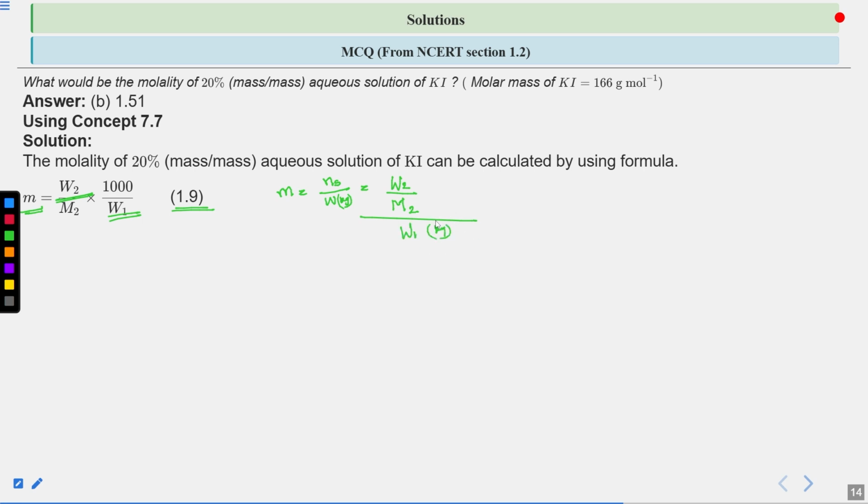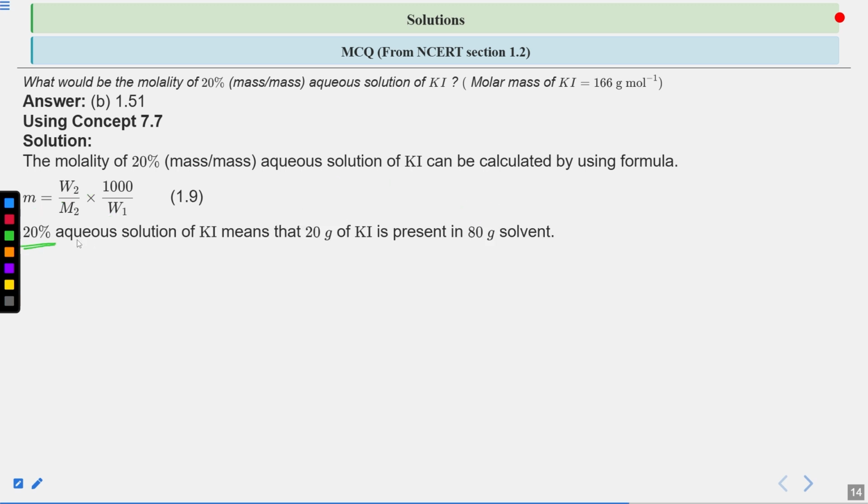If it is not in kg, we have to divide it by 1000. So W1 goes in the denominator, and it will be W2 upon M2 into W1. So given mass of the solute divided by the molar mass of the solute, multiplied by the weight of the solvent. If it is not in kgs, you have to divide it by 1000 for the unit conversion from grams to kgs.